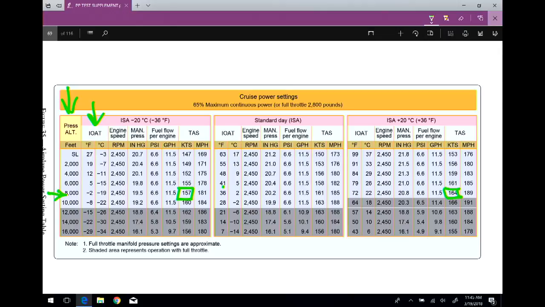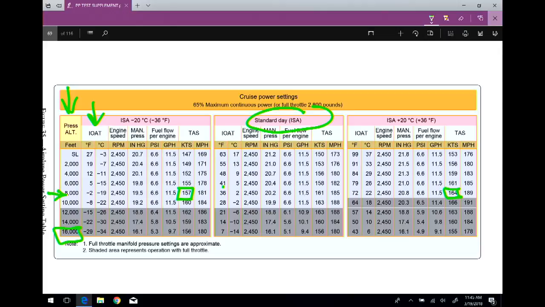Well, look at that. Look at what happens with a pressure altitude of 16,000 feet. Take a look at that. So let's take a look at the standard day and look at 16,000 feet.